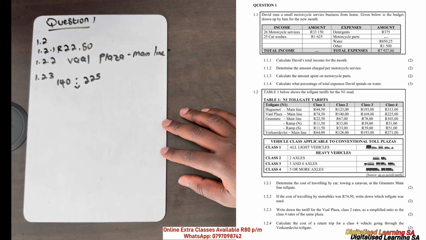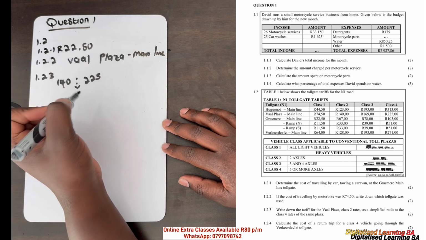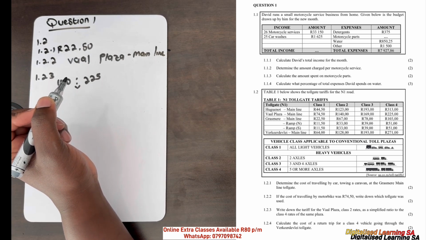So now we are told to write it as a simplified ratio. If we are writing something as a simplified ratio, it means that we need to find a factor that when we divide by it, we will get a whole number.